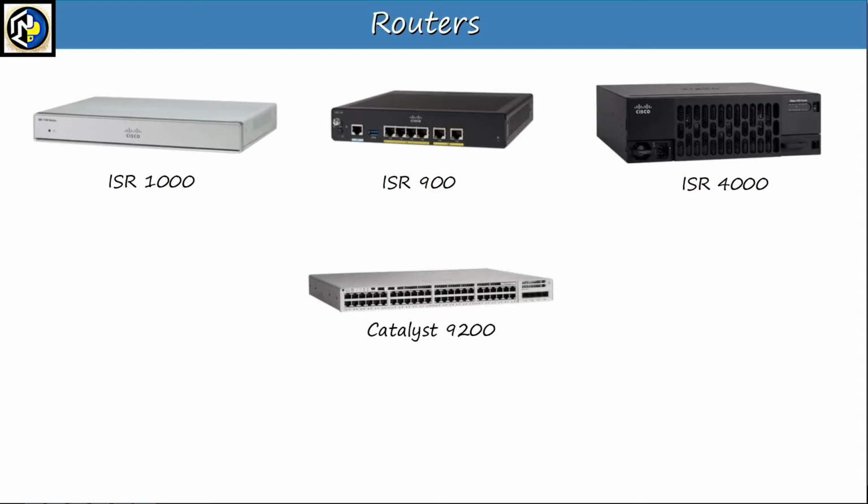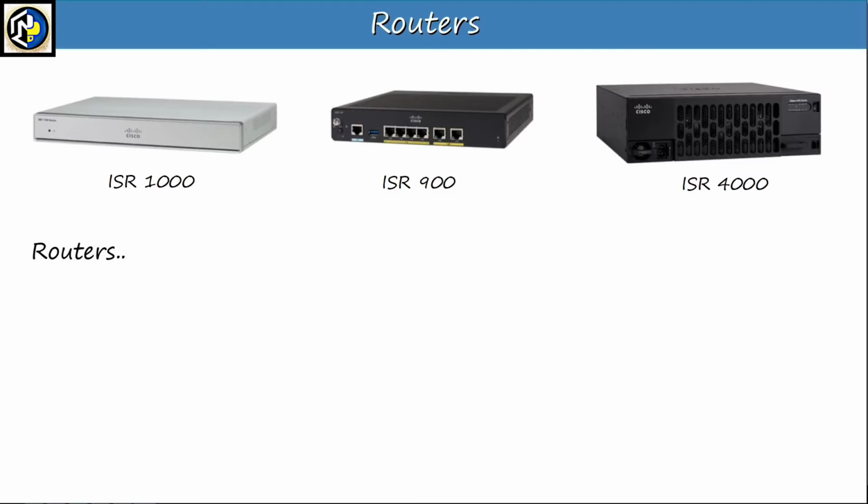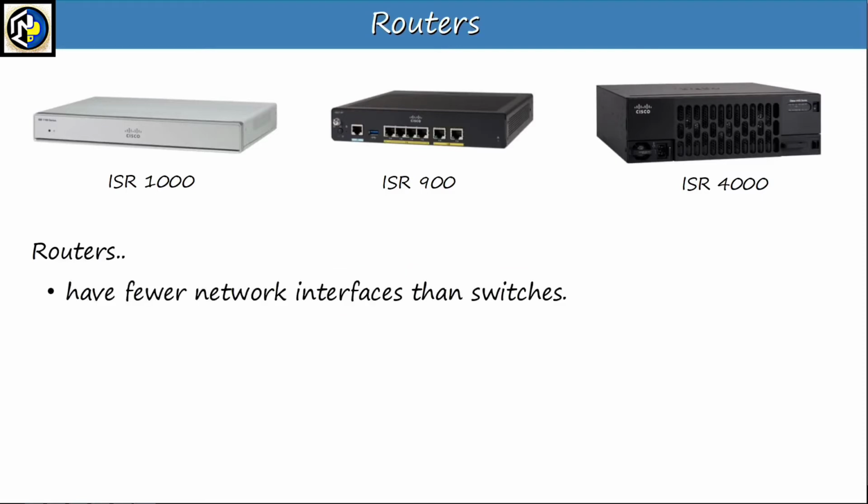Let's bring up one of the switches we looked at before. Compared to this Catalyst 9200 series switch, the ISR 900 router has relatively few network interfaces. That's one characteristic of routers compared to switches. Routers have fewer network interfaces than switches.